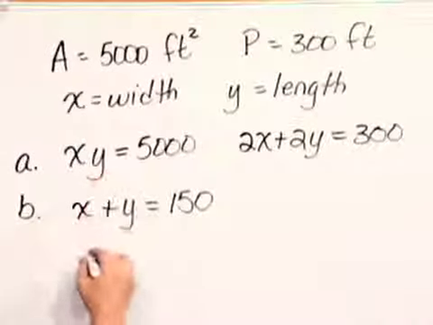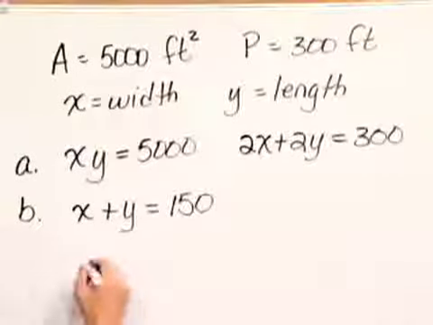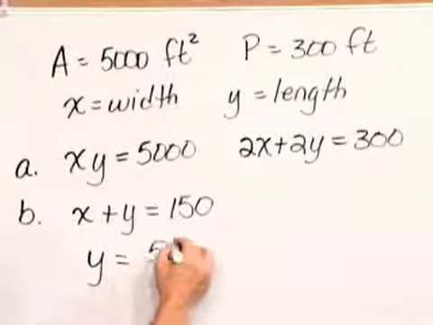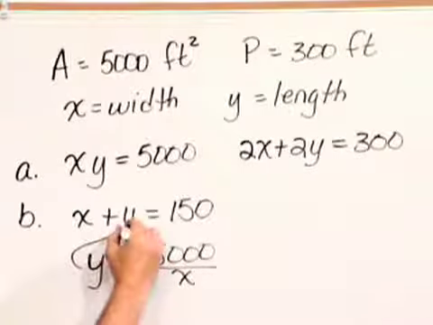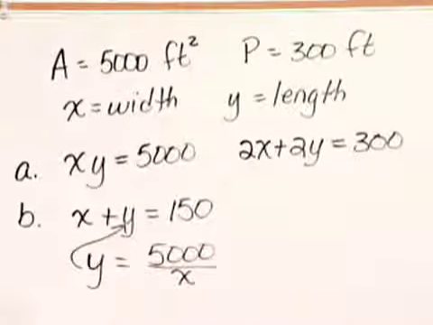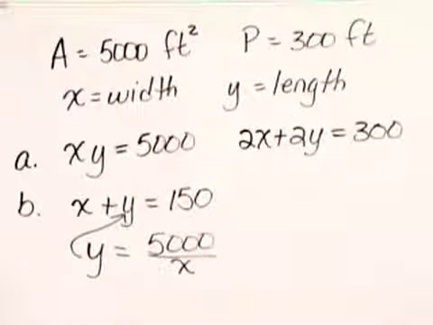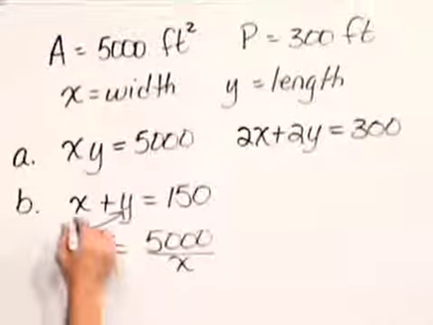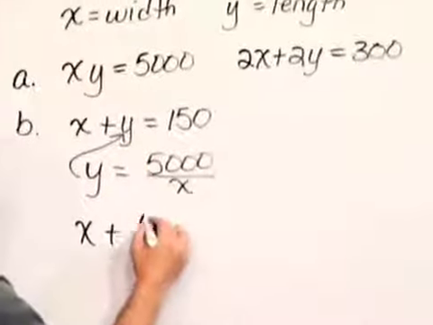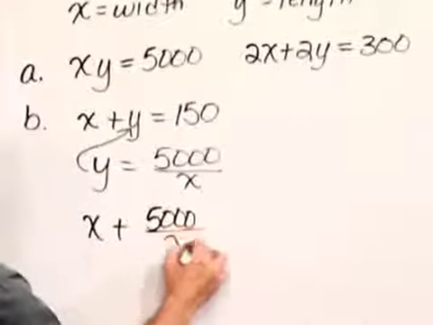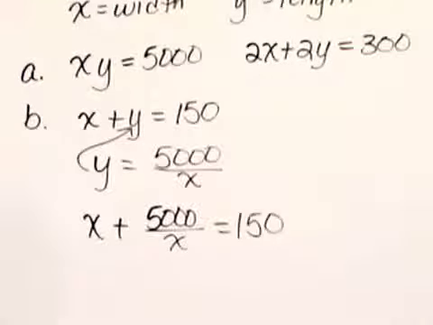That is, y would be equal to 5,000 divided by x. We can now substitute for the value of y the expression 5,000 divided by x. So what we have is the equation x plus, now replacing y with 5,000 over x, and that equals 150.